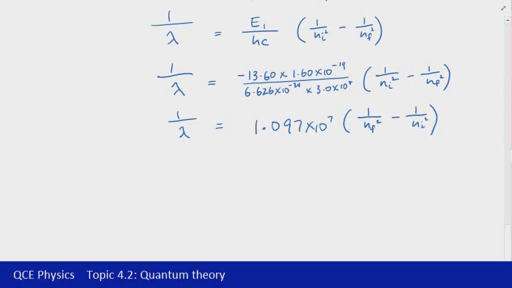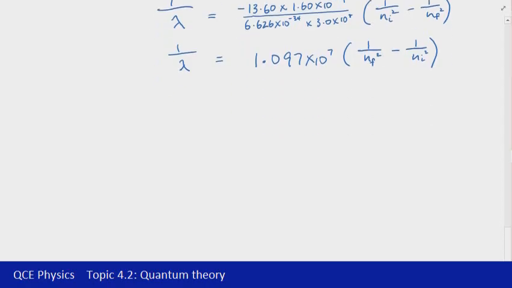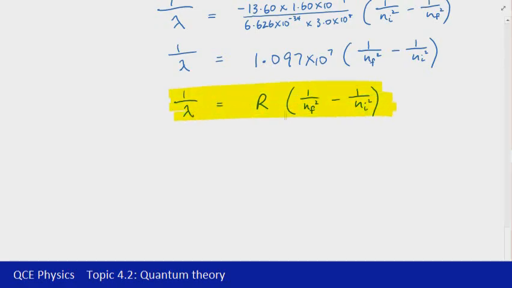And we're going to then take that number, 1.097 by 10 to the 7, and write it as a constant term. That constant is going to be the letter R, and that's going to be multiplied by 1 on Nf squared minus 1 on Ni squared. And that's the equation that we can use to make the process a little bit quicker.